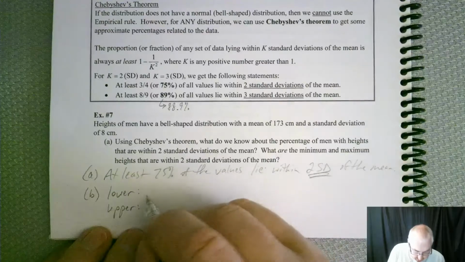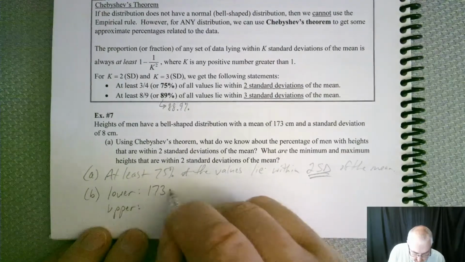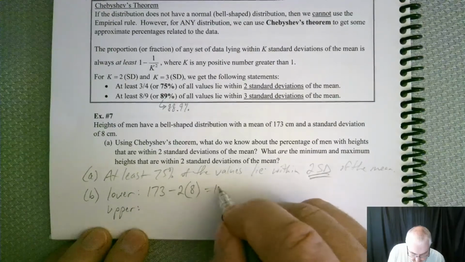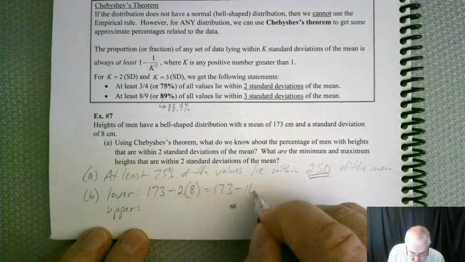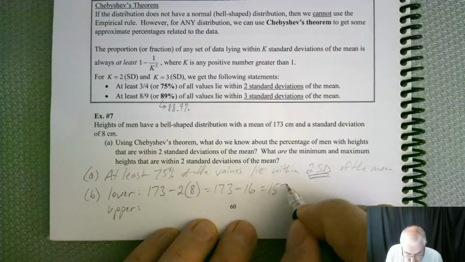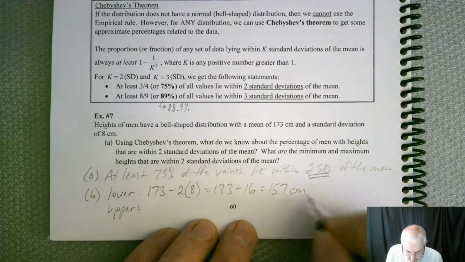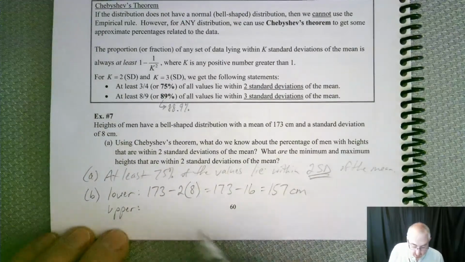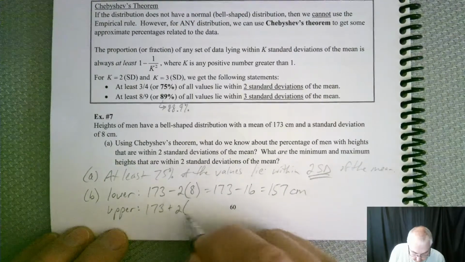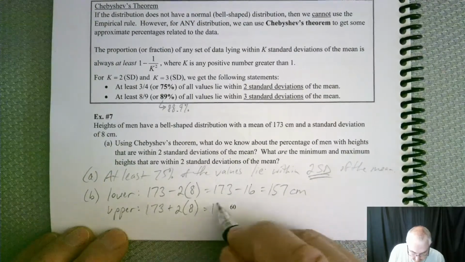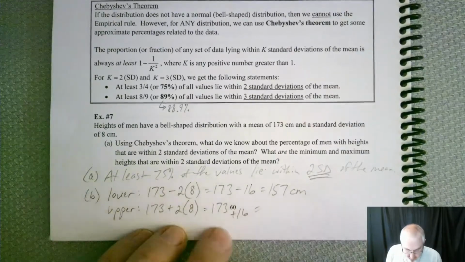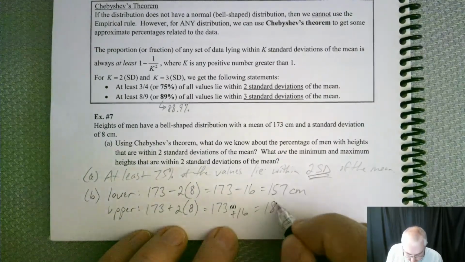So let's just put it all in. So we got 173 minus 2 times 8. So 173 minus 16, which looks like 157. So 157 centimeters on the low end, and on the upper end, oops, not subtract, but add, looks like 189.